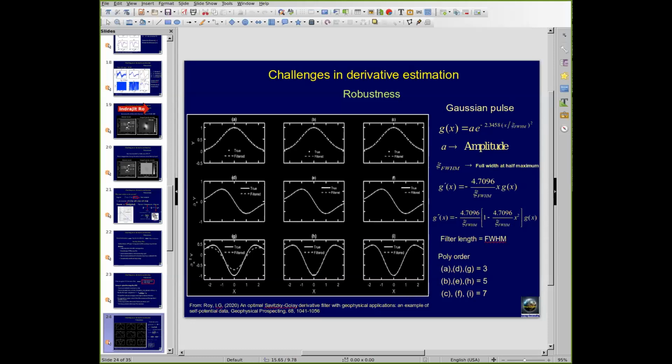So keeping the filter length the same as the full width at half maximum and increasing the polynomial order, we find that better and better results are revealed. That means the robustness is there as well as fidelity, that means the spectral content of the anomaly is preserved. But this is the case with very mild noise.